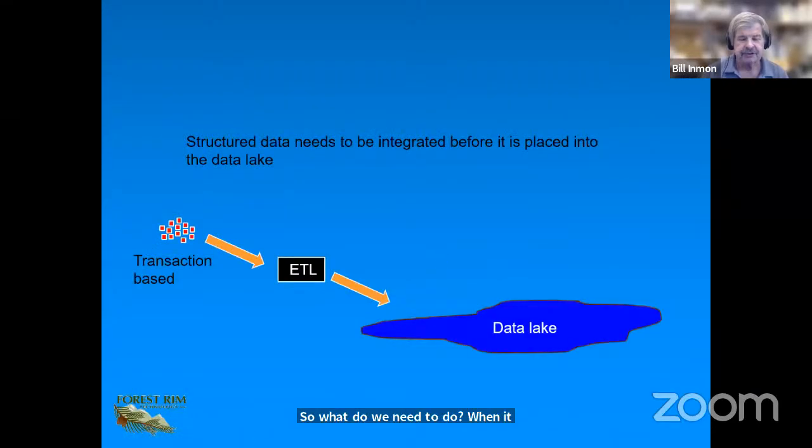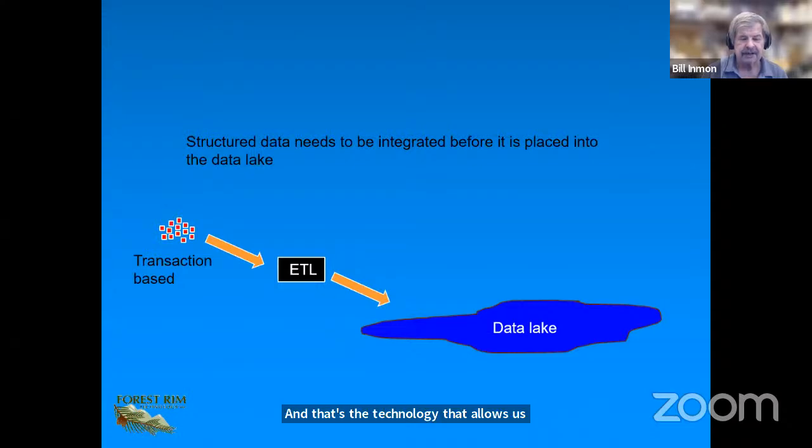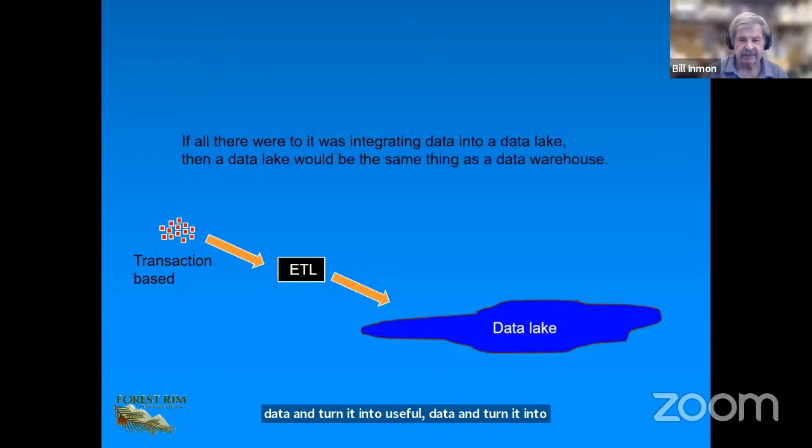When it comes to structured data, we need to use classical ETL, extract, transform, load technology. And that's the technology that allows us to transform the different applications that we have for structured data and turn it into useful, meaningful data in the data lake.